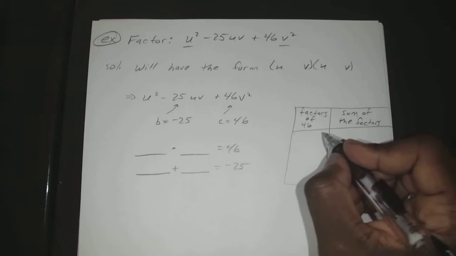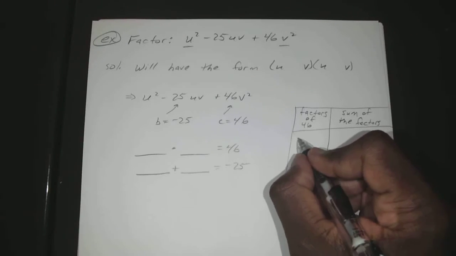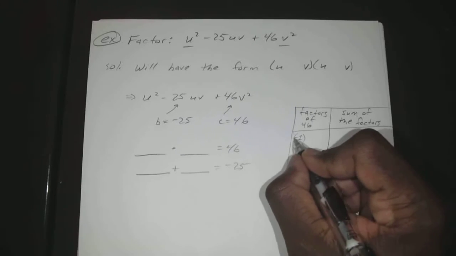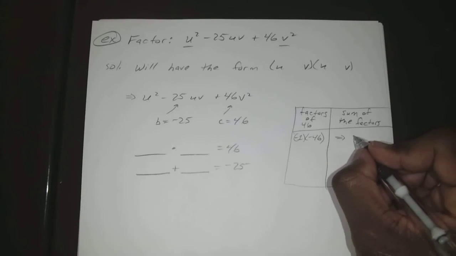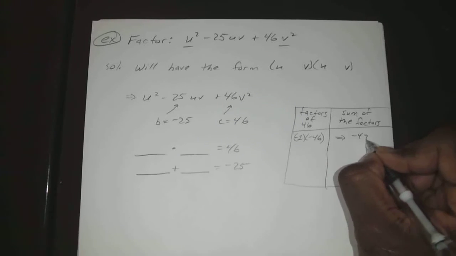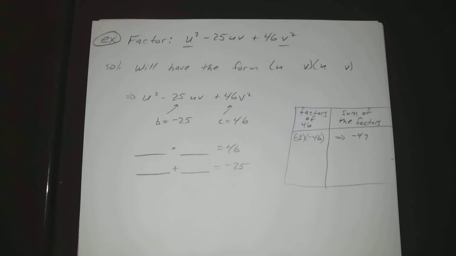If we have negative 1 and negative 46, since 1 times 46, if you add them together, you get negative 47, so that's not it.